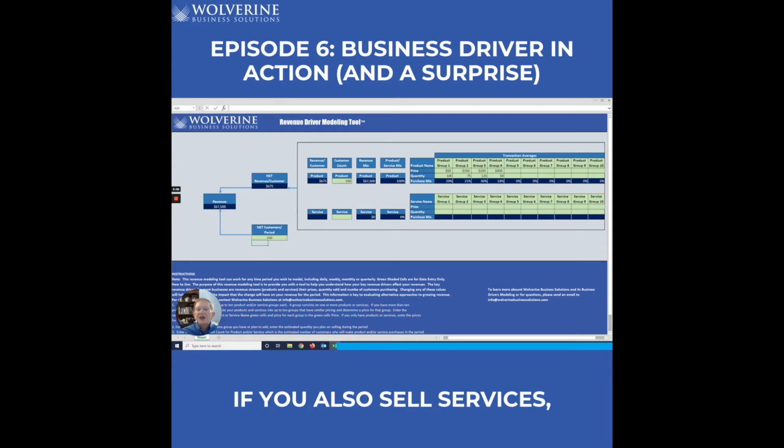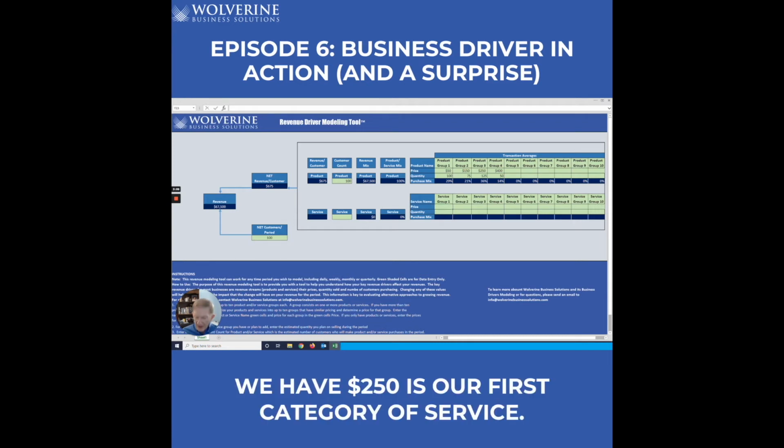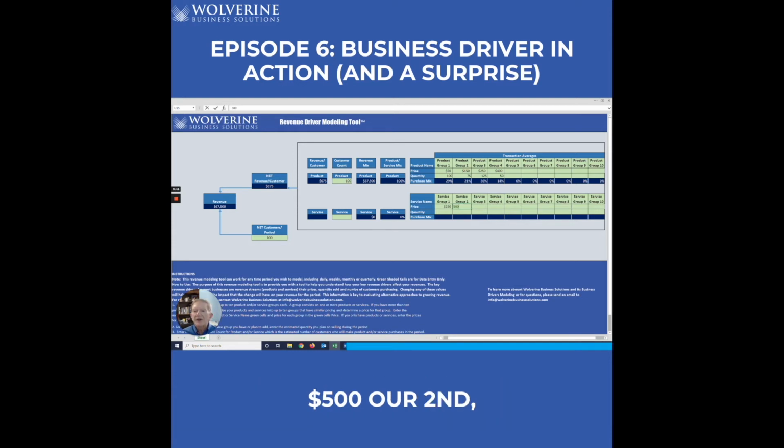If you also sell services, we have, say, $250 is our first category of service, $500 our second, $1,000 our third, and $1,500 is our fourth.